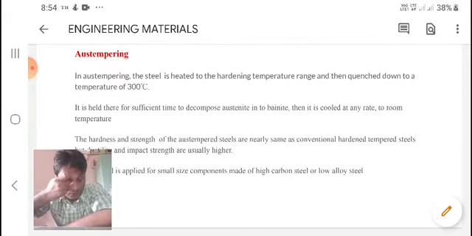So we have discussed all the three temperings.